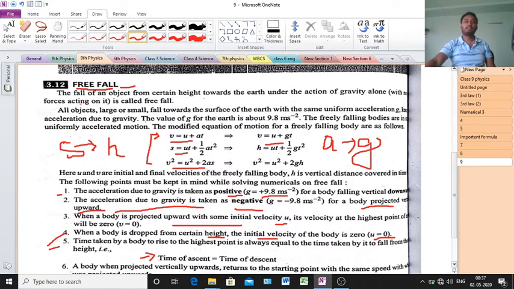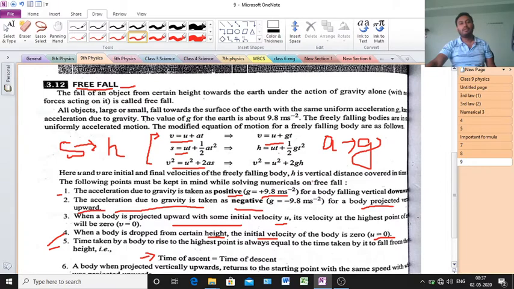Then the equation of motion you will get is h equal to ut plus half gt square, clear? That means put h instead of s, similarly put g instead of a, clear?